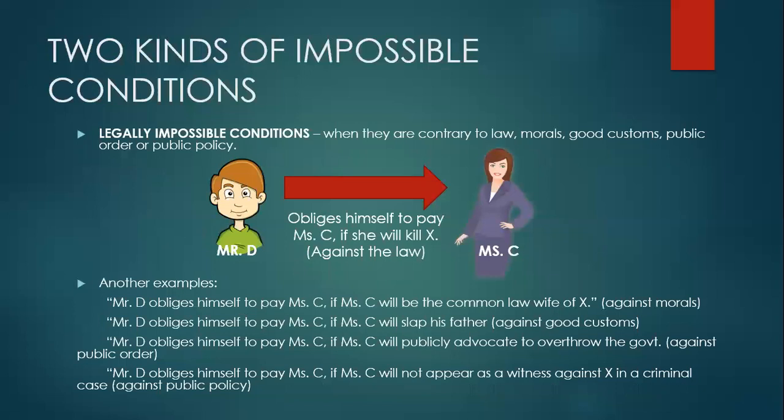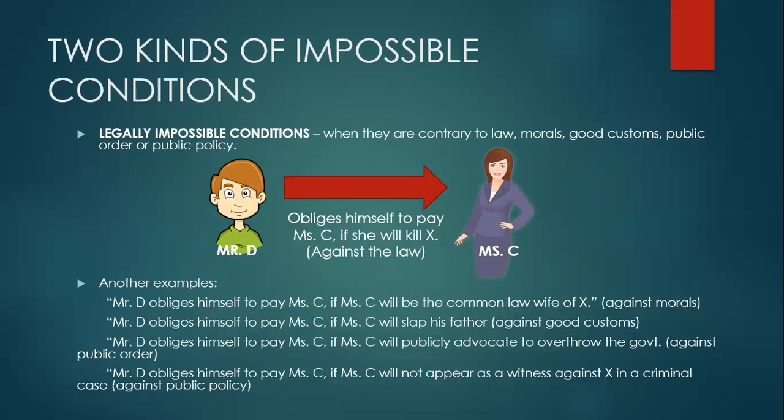Second kind of impossible condition is legally impossible conditions, when they are contrary to law, morals, good customs, public order, or public policy. For example, Mr. D obliges himself to pay Miss C if she will kill X. Here, the killing of X is the condition in the obligation, and under the law, the killing of a person is contrary to law, meaning to say it is prohibited by law.